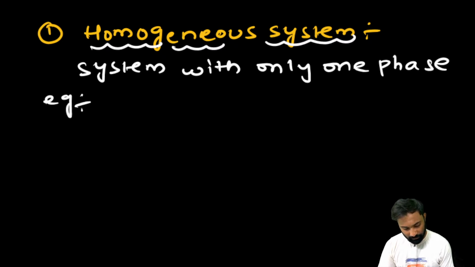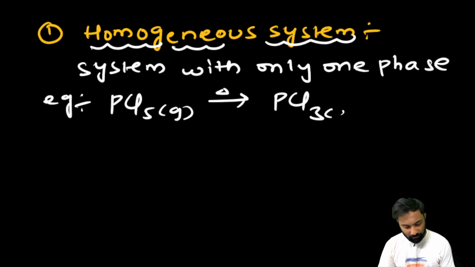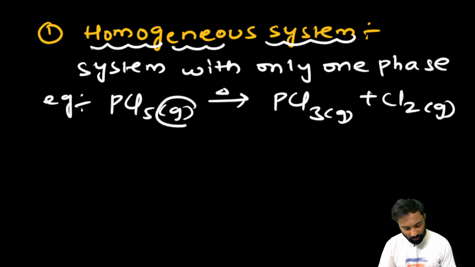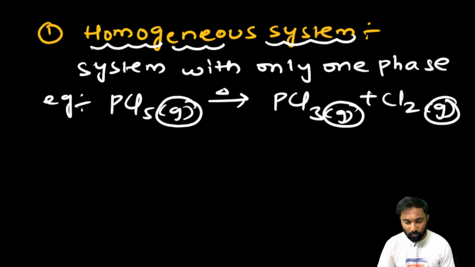Example: PCl5 gas, if I heat it, will be converted into PCl3 gas plus Cl2 gas. Whatever the reactant side and the product side, both have the same phase, right? Clear? This we call a homogeneous system.